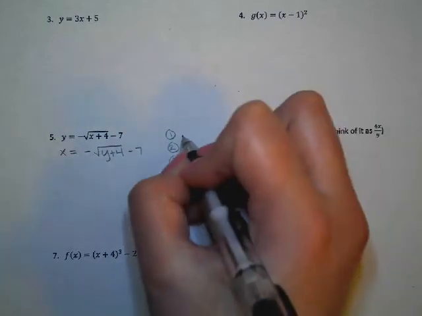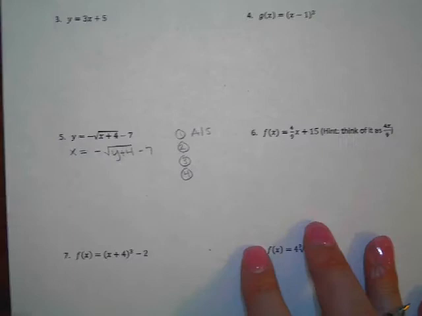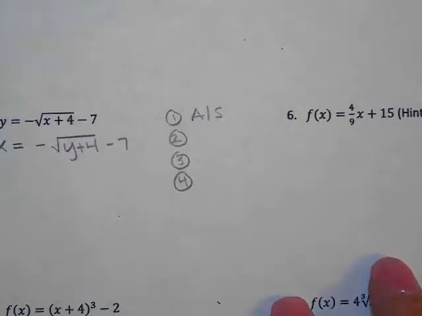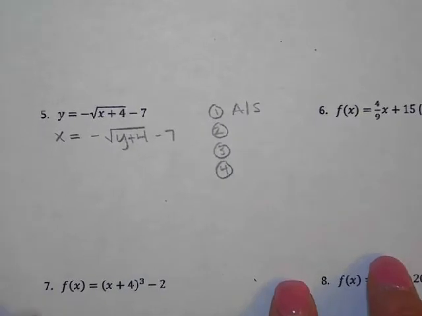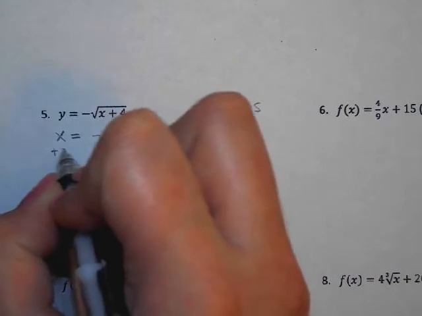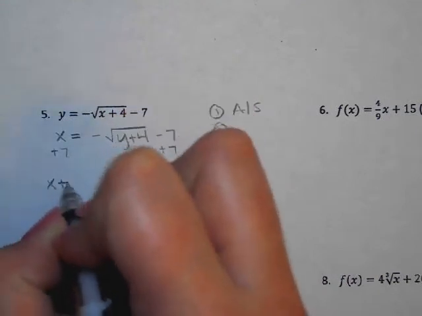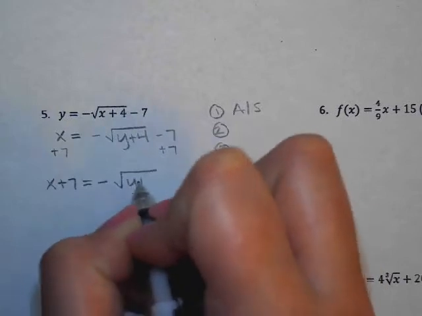So first thing we do is see if there's anything we could add or subtract over to the other side. I can see that there's a -7 on the end, and I can go ahead and add that to the other side. So I have x plus 7 equals negative square root of y plus 4.